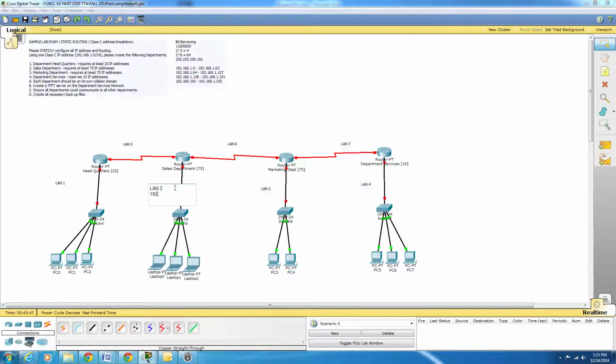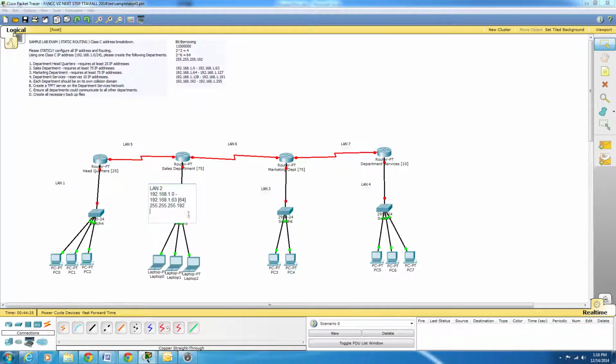It's going to be 192.168.1.0, and that's going to go to 192.168.1.63, and that will give me a total of 64 IP addresses. And remember, the subnet mask for this one would be 255.255.255.192.